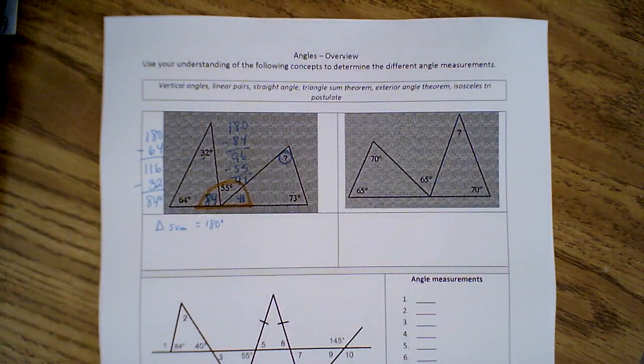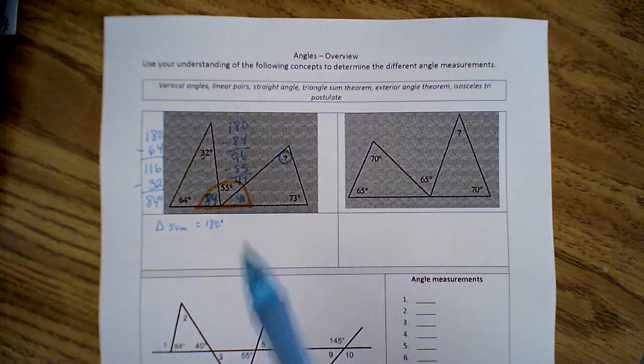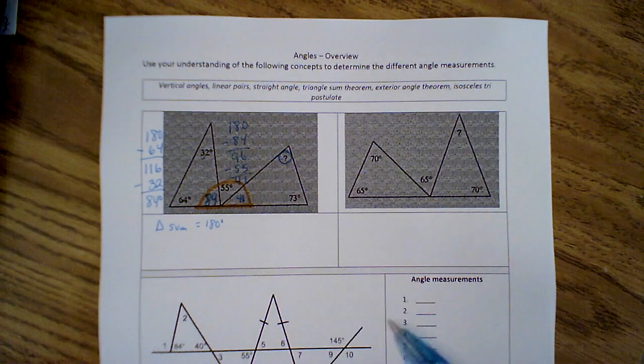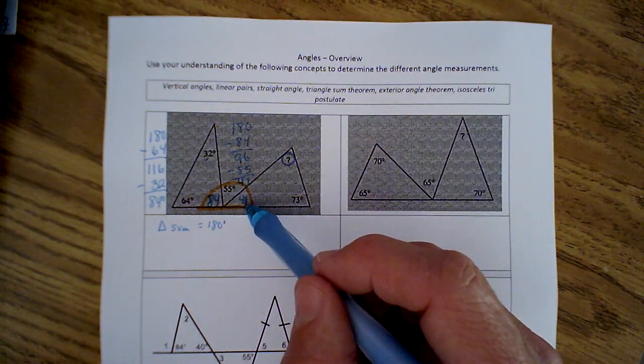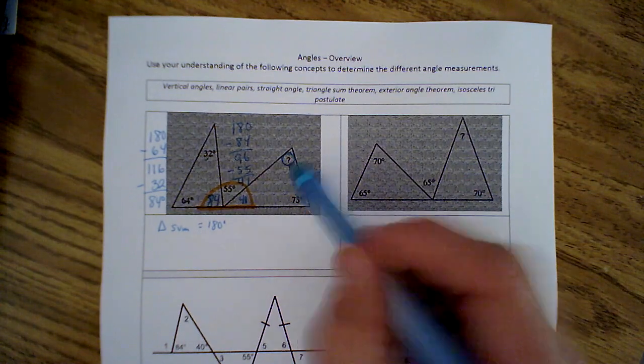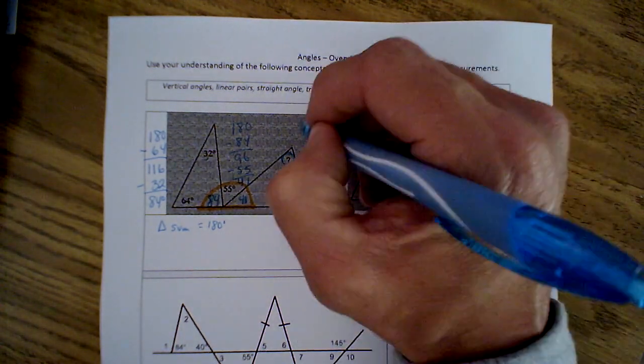And again, I'm going to check just to make sure. 180 minus 84 minus 55 would equal 41. So I am on the right track with 41 degrees right here. And then again, we're at another triangle, 41 degrees, 73 degrees, and our unknown.